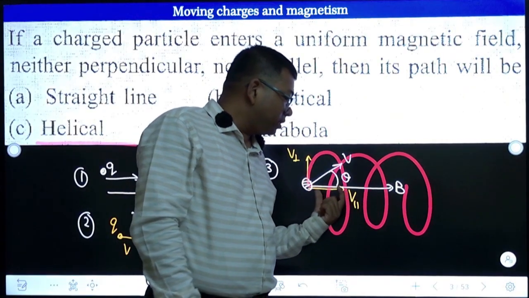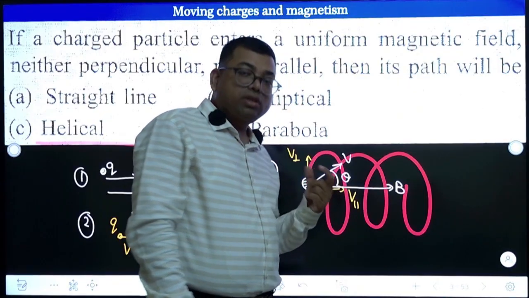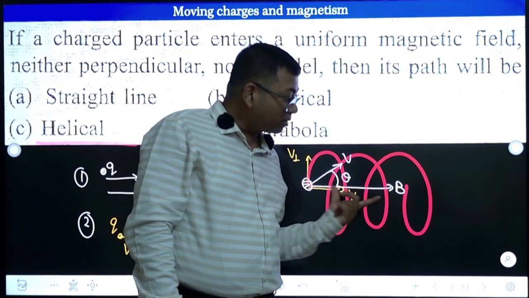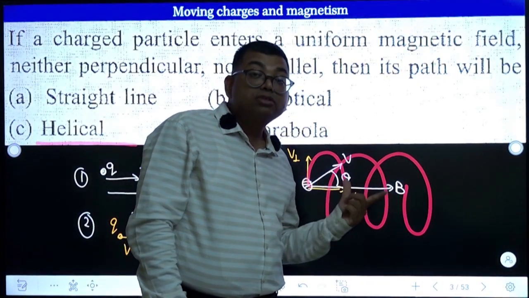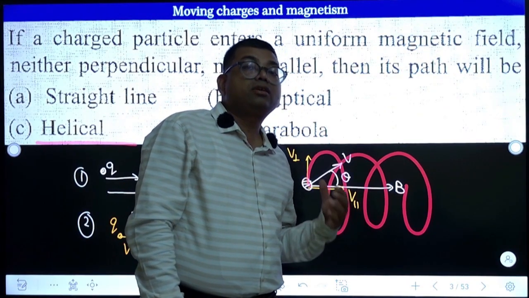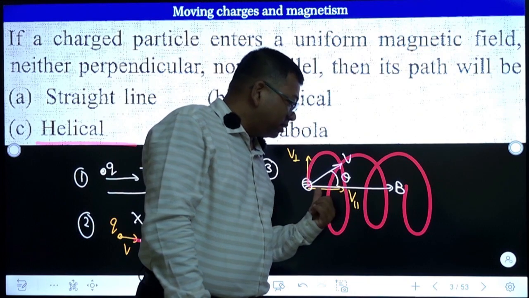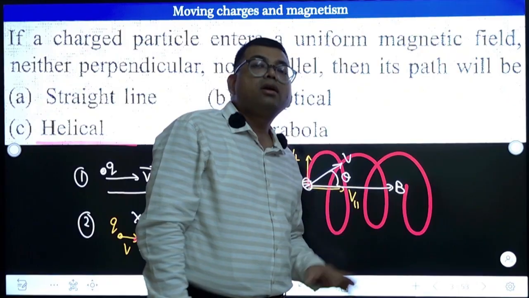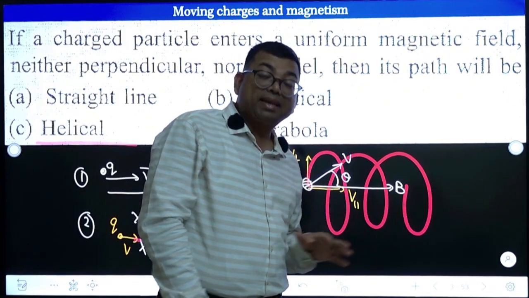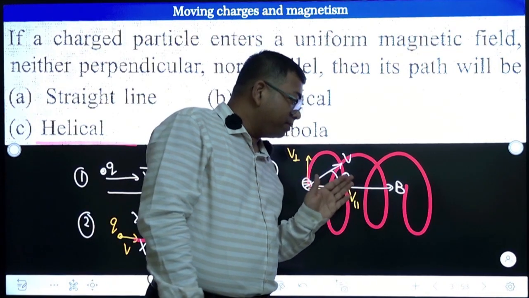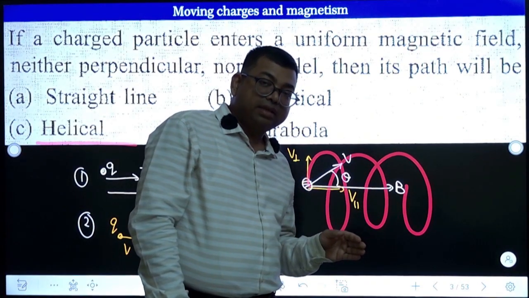Why? Because there is a pitch, an equal distance it travels along this direction, along the direction of the magnetic field. It travels equal distance in equal time. That means in this direction the velocity is constant. Suppose in this direction there is acceleration, might be because you are keeping some electric field, or due to some reason there can be an acceleration in this direction.